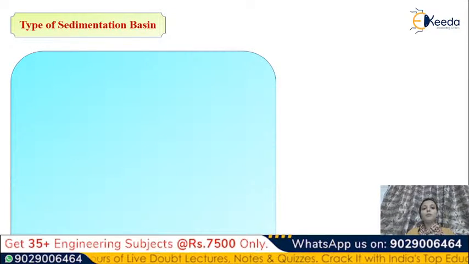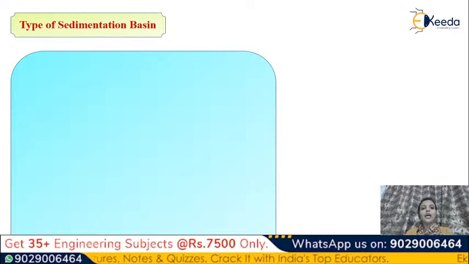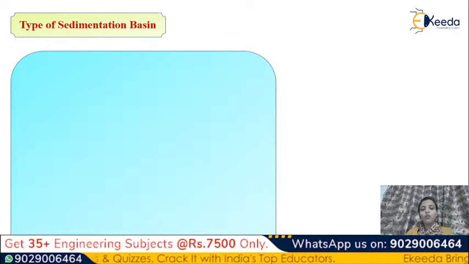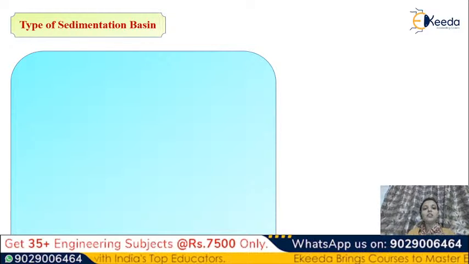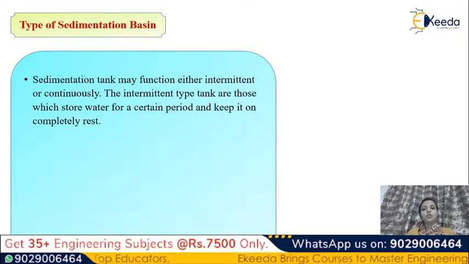Then the types of sedimentation basins. Depending on its types, we design separately. There are two types, the rectangular sedimentation tank and the circular sedimentation tank. If we get time, we will also see some examples or problems based on the design of a sedimentation tank.